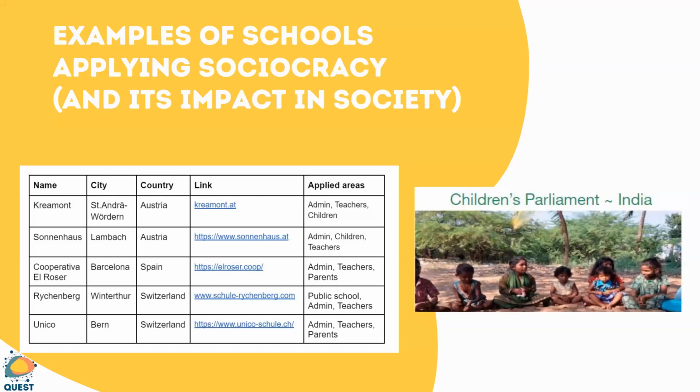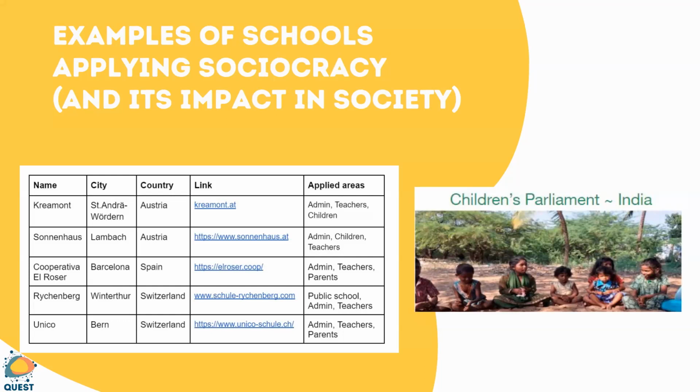Here I put some inspirations about schools that use sociocracy in Europe, so you can see their websites. Most of them are public schools, so you can also see how sociocracy is applied in public education.